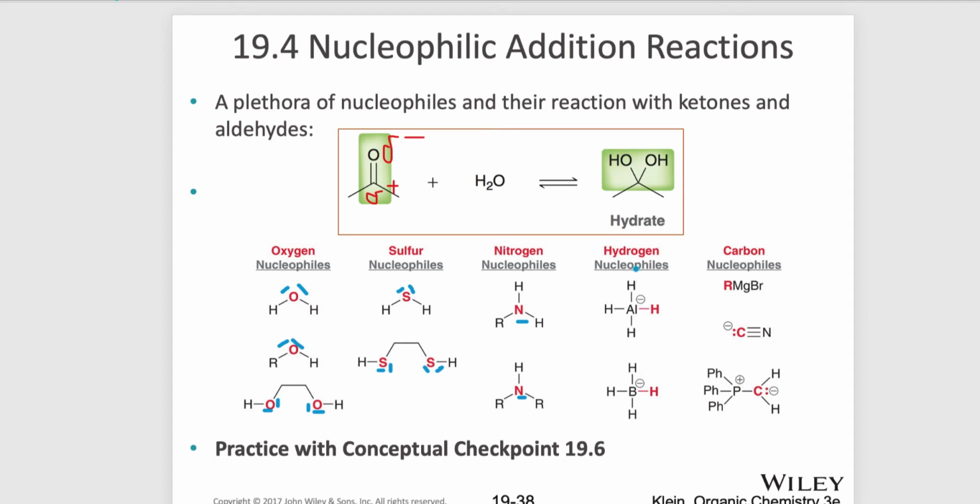Then we have much stronger nucleophiles where hydrogen and carbon are going to play a key role. LAH, also known as lithium aluminum hydride. It's a hydride. And then here we have borohydride. Here the counter ion is Li plus, lithium. What would it be here?